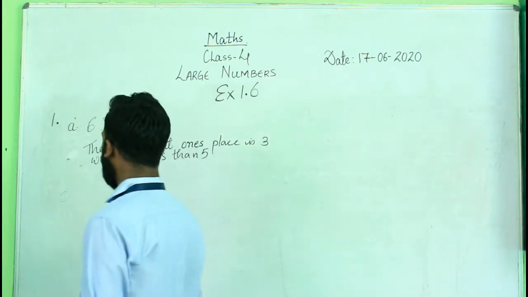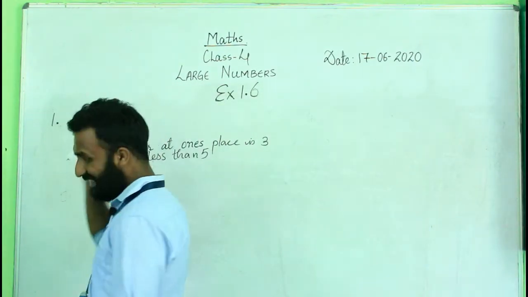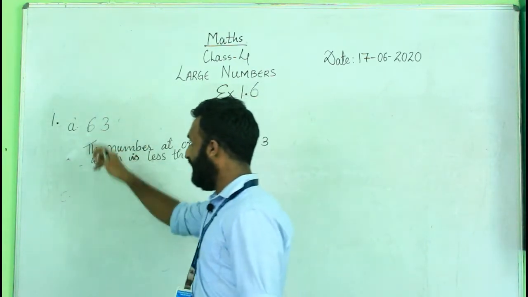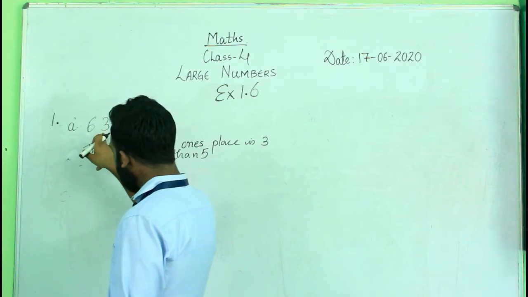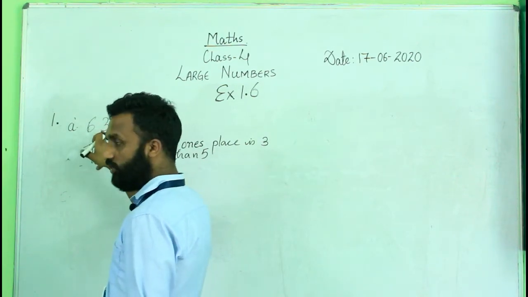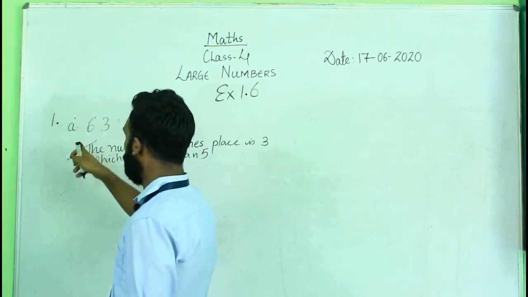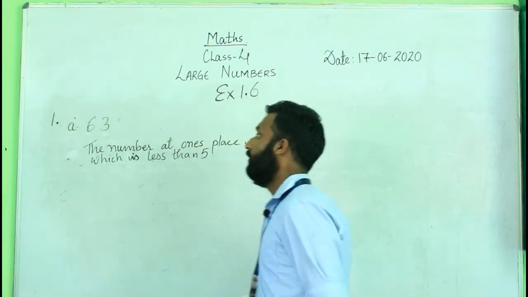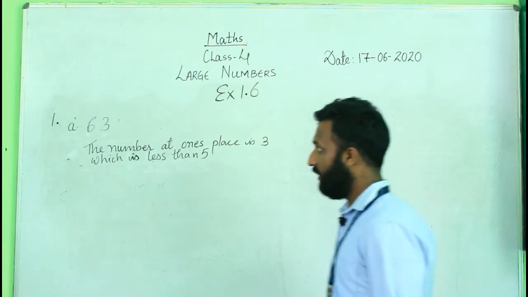So what I told, whenever the number at the ones place is less than 5, when we are rounding to the nearest 10, we will change the ones place to 0 and keep the number as it is in the tens place.